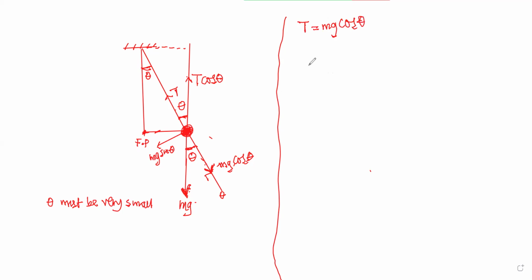Okay, so there is a net force of 0 vertically. But if we look at horizontal forces, mg sine theta is unbalanced, meaning there is no force in the opposite direction which balances it.